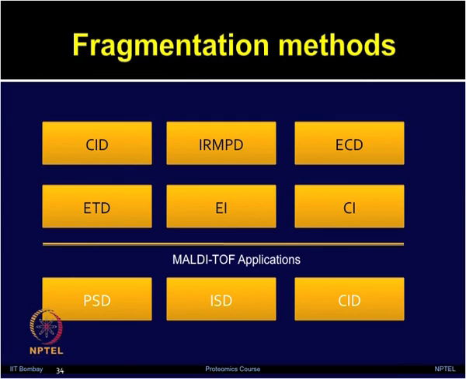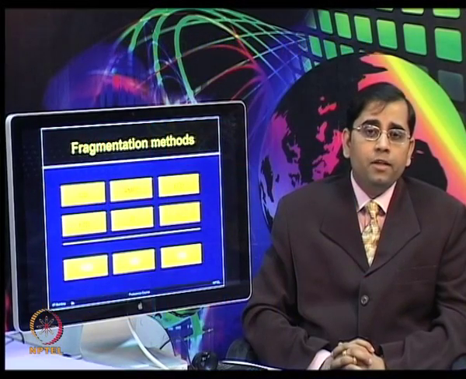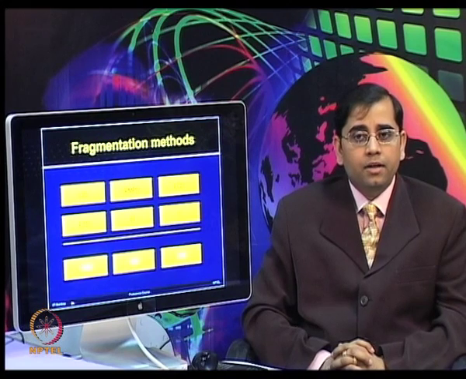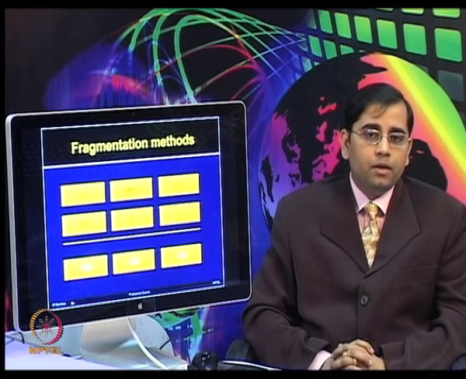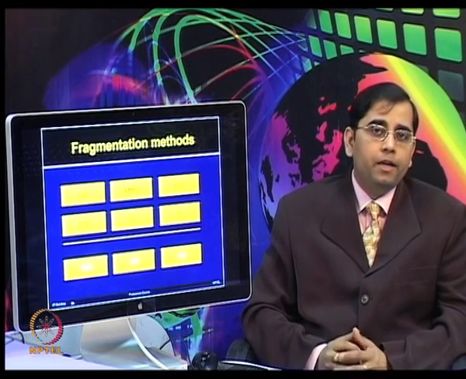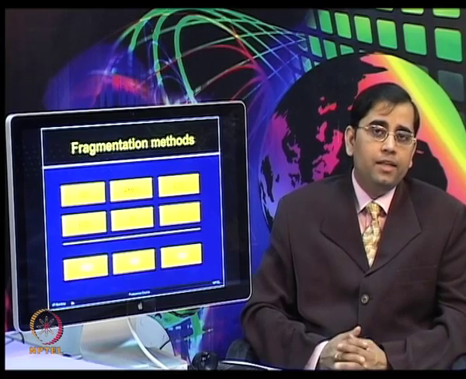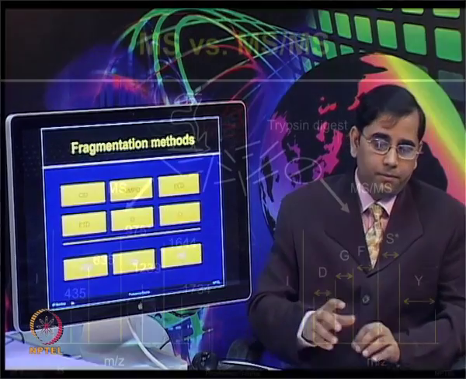For MALDI, more specifically PSD or post source decay, ISD or in source decay, as well as CID are commonly used fragmentation methods. The most common means of ion activation and dissociation in organic and bioorganic materials is collision induced dissociation.